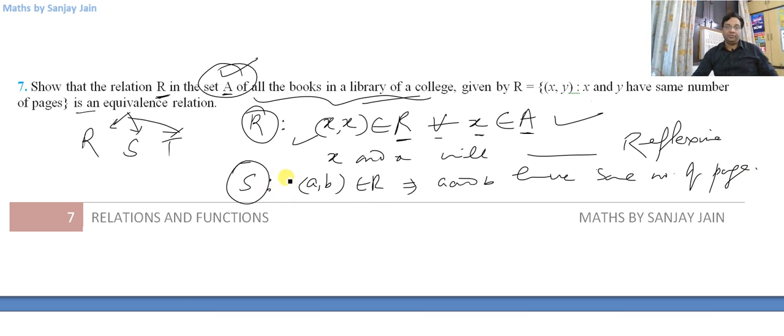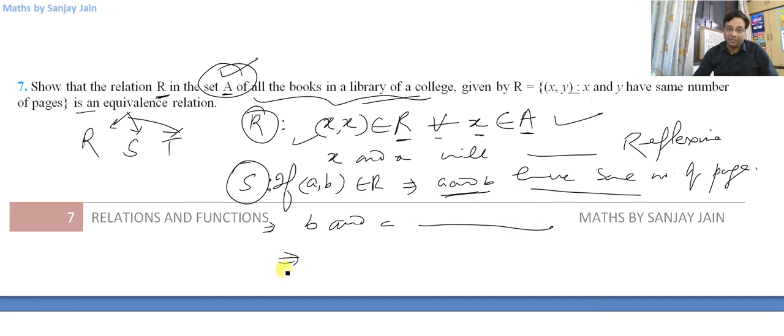If A comma B is present, then I need to check whether B comma A is present or not. If A and B have the same number of pages, can I say B and A will have the same number of pages? Yes. That means B comma A is also present in this relation R. Hence this is symmetric.